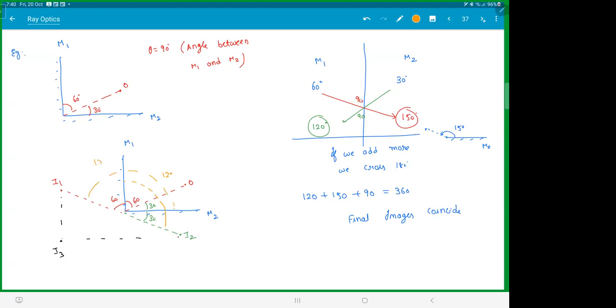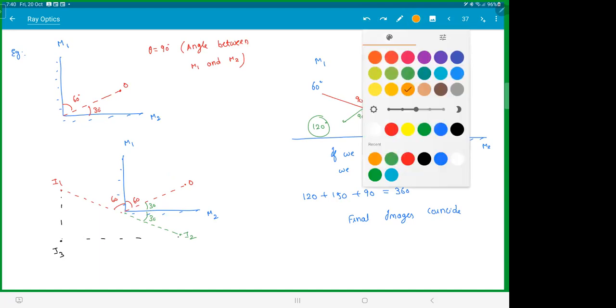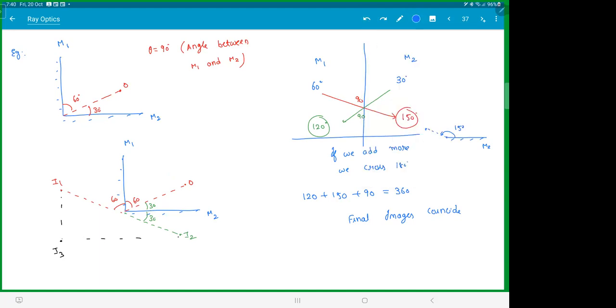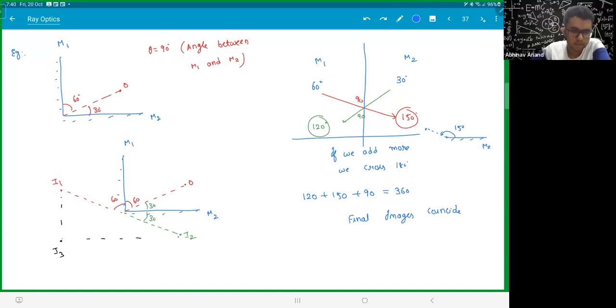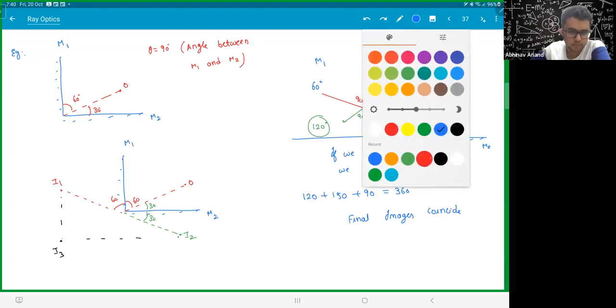This whole angle is 150. That's what you're getting. So if the angle between the two mirrors is 120, only two images will be formed.